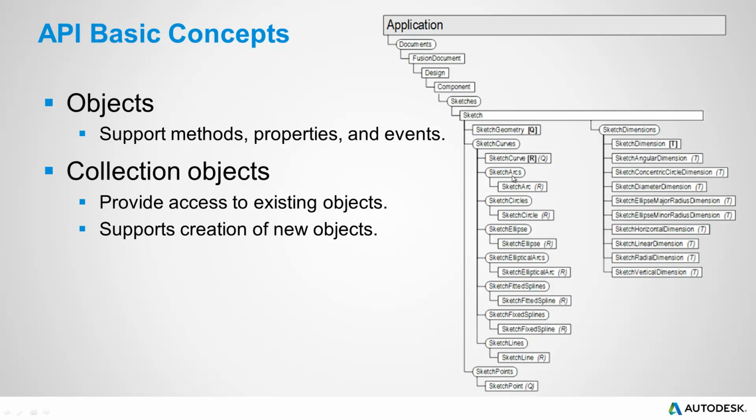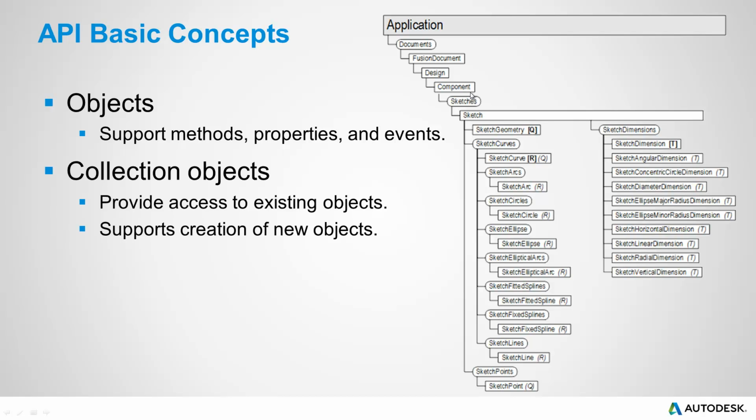And I can get those by calling item. So I call item 0, item 1, item 2, and that would return the 3 sketch arcs in that collection. And then to create a new sketch arc, there are add methods on this collection, and I can call those, and that will create new sketch arcs within that collection, or basically add new arcs to this sketch.